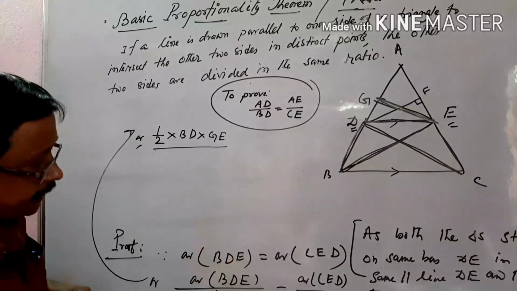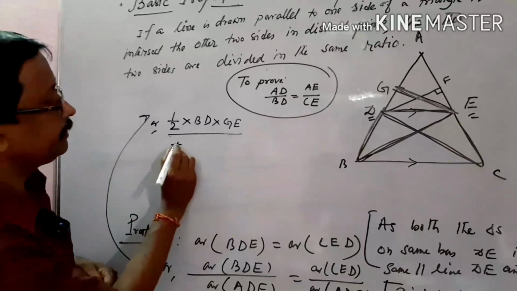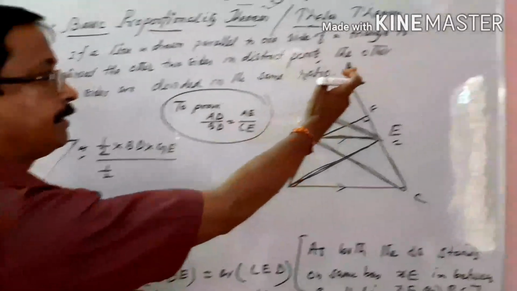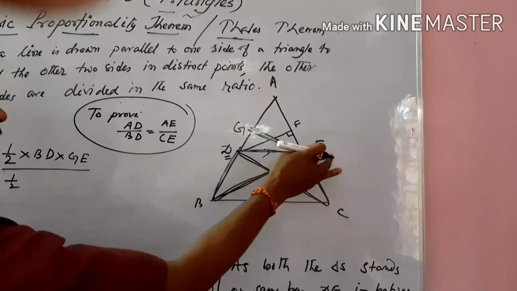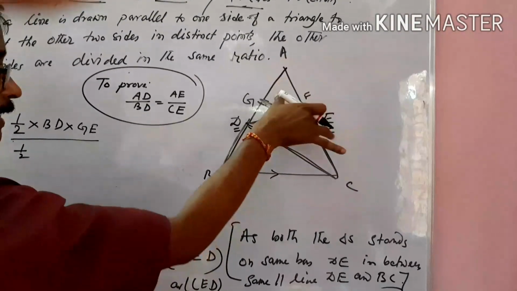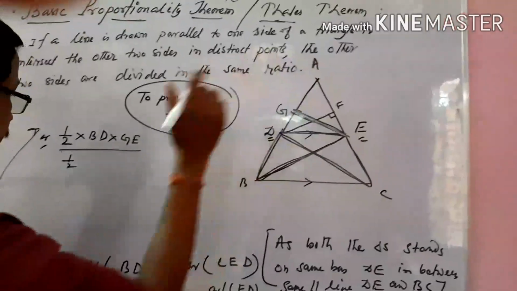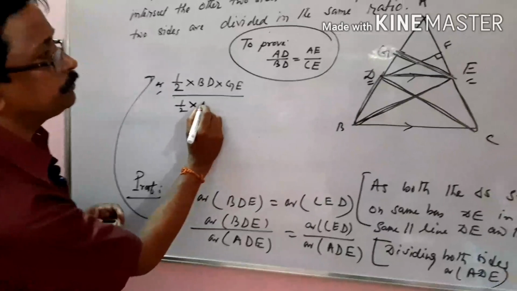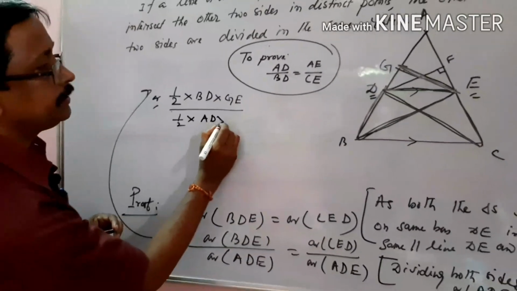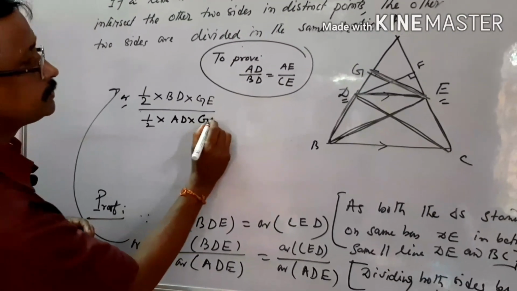Next point, area of ADE. You just look at the figure. Area of ADE means triangle ADE. AD is the base and GE is the perpendicular. So with the same formula, we can write half into AD into GE.